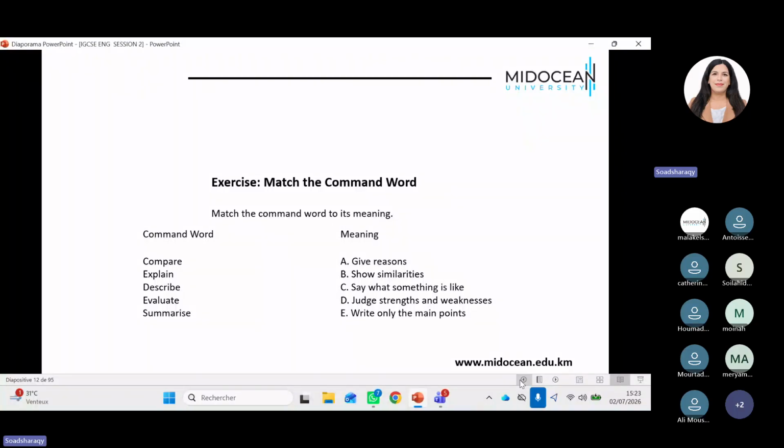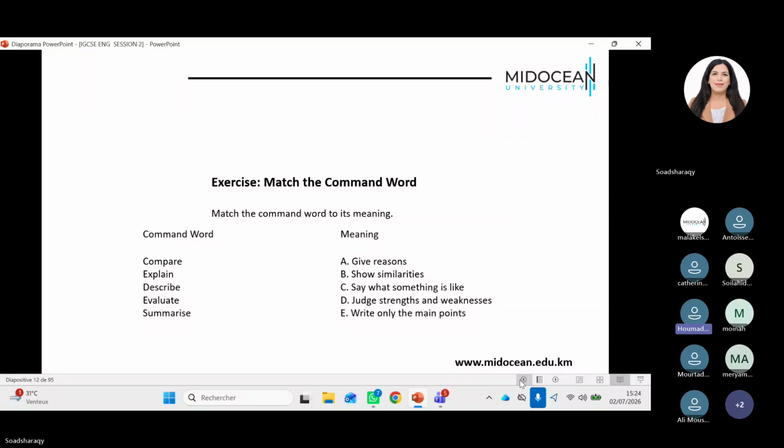Okay. Number 2, to explain. What does it mean? To explain. Give reason. The meaning is give reason. Continue. To describe.